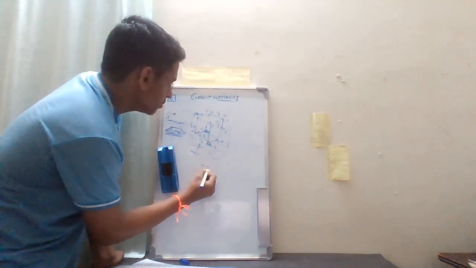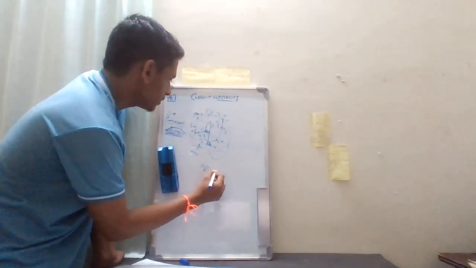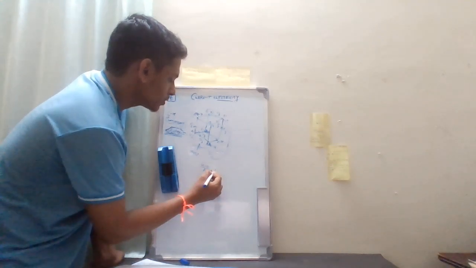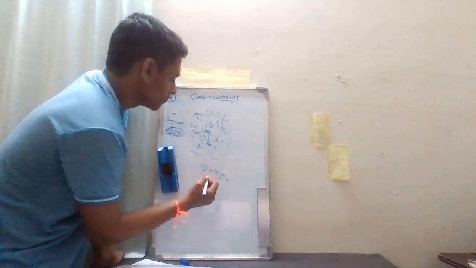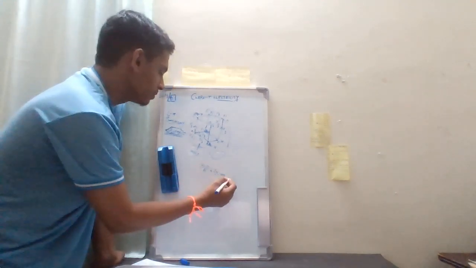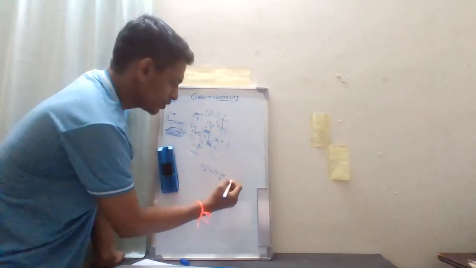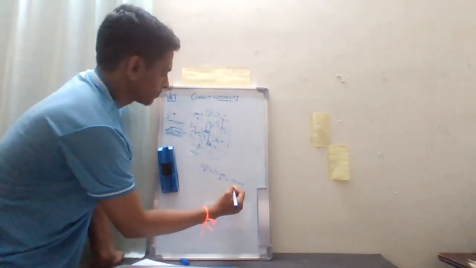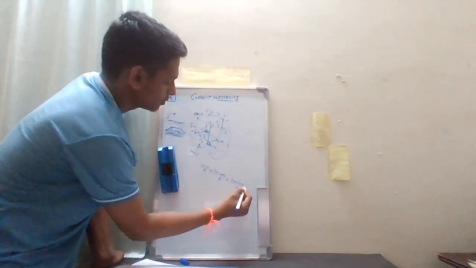X minus 0 by R plus 100 minus X minus 100 minus X is 2X minus 100 by R, plus we have the same. So 2X minus 100 by R equal to 0.